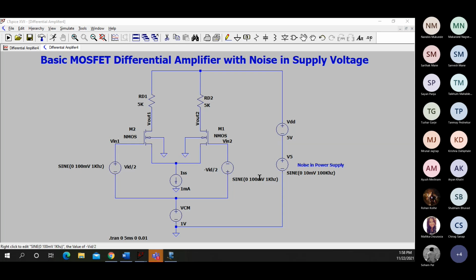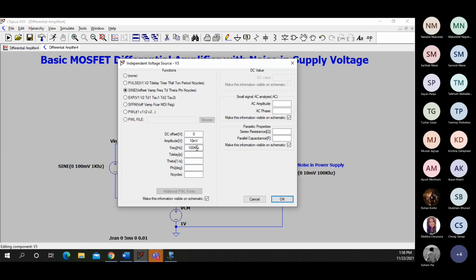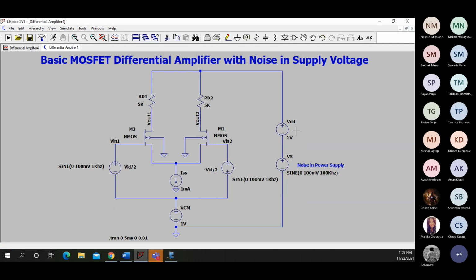So noise in the power supply, let's make it 100 only, because 100 means in 5 volts we are creating a variation of 0.1 volts.